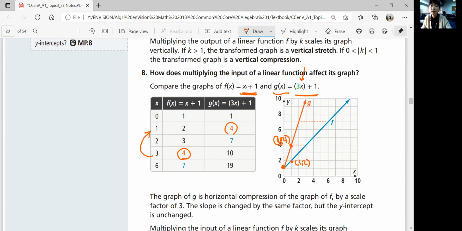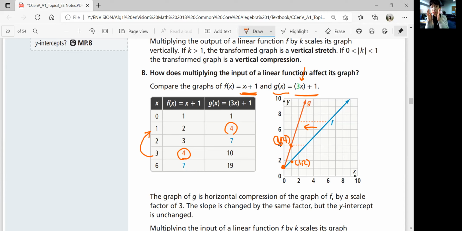So that means horizontally, what does it mean? Does it stretch or does it shrink? It's a compression, it shrinks. Your numbers get smaller, right? So this is a horizontal compression from F to G. Horizontally, you're looking at horizontally. If it horizontally stretches, it goes that way.